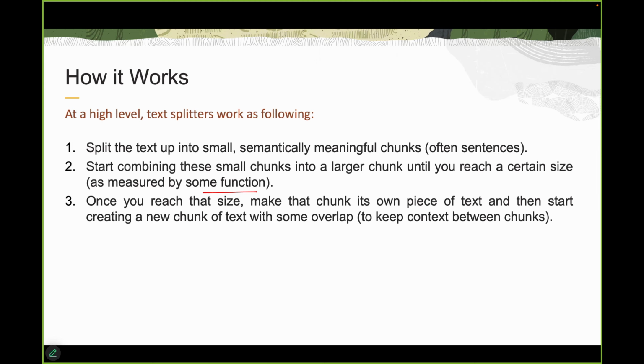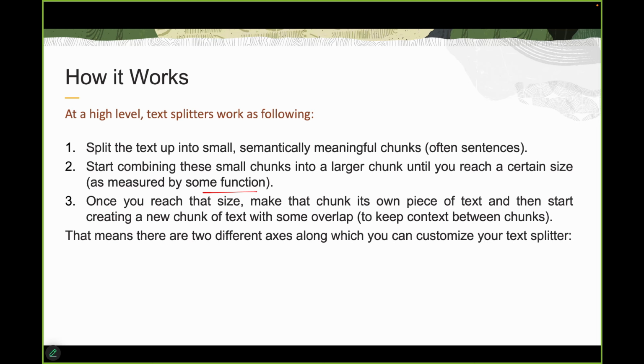Once you reach that size, make that chunk its own piece of text and then start creating a new chunk of text with some overlap to keep context between chunks. That means there are two different axes along which you can customize your text splitter. One is how the text is split, and second, how the chunk size is calculated.